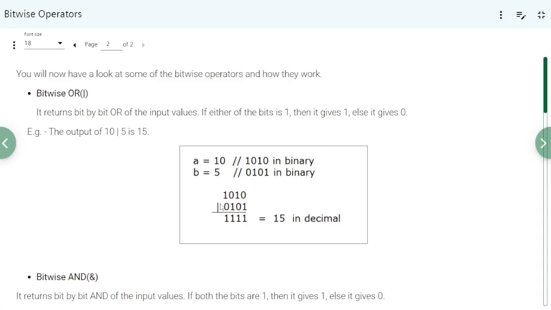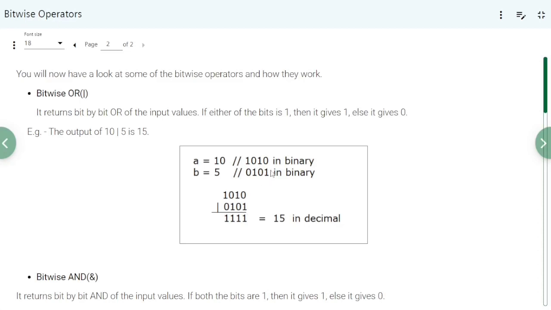Okay. Now when you do the OR operation on these two binary numbers, as you know, OR will start from the right hand side. So it will look at the first bit of 10, which in binary is 1010. It will see this 0. Okay, it understands this is 0.